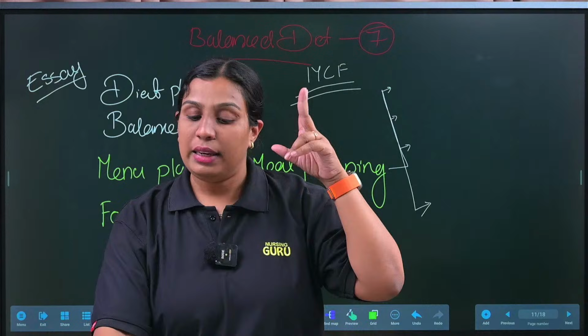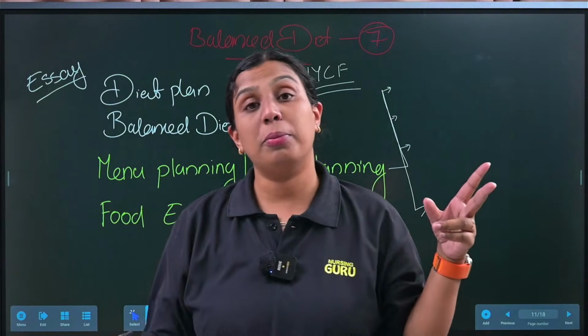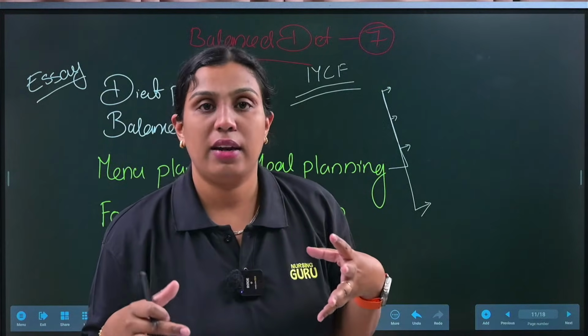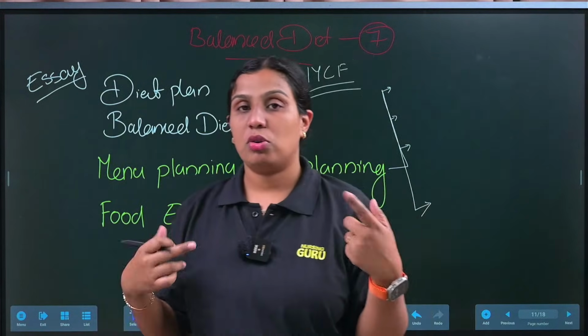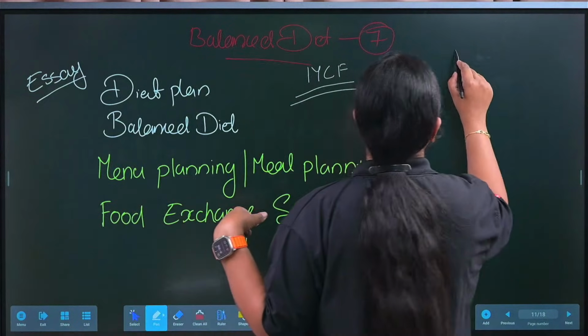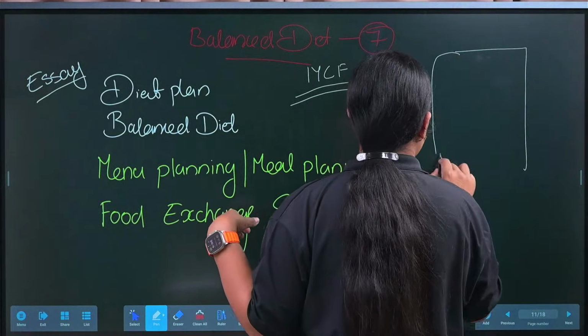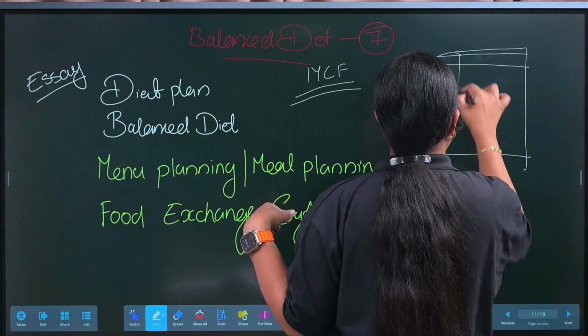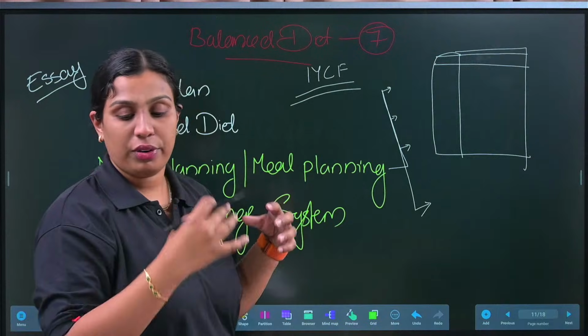Next is how to make a menu plan. Any idea how we can draw the menu plan? You use the table method. If you get a question on the menu plan, make it in table form. We need 4 different columns.